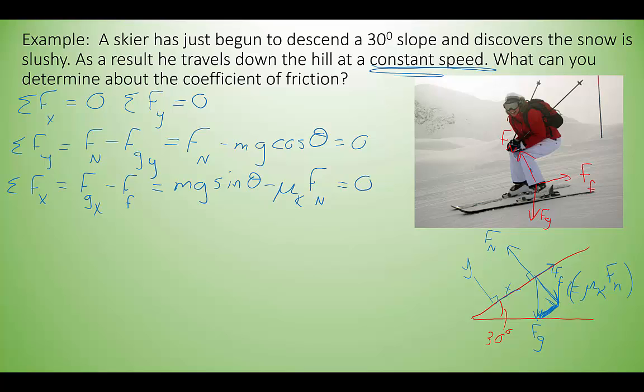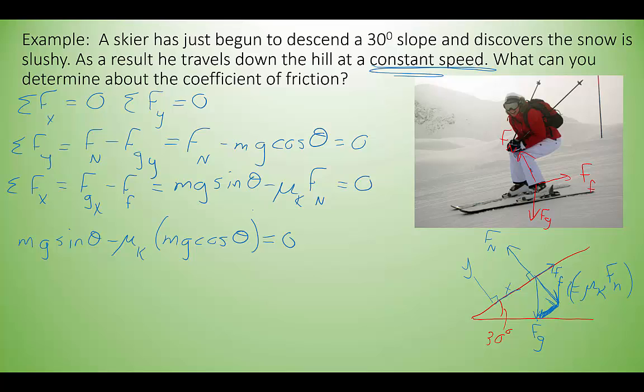So we look at these two equations, we see there's an Fn in both of them, there's m's and g's in both of them, but the Fn in the first equation makes it easier for us to solve this. So if I solve the first equation for Fn equal to mg cosine theta, plug that into the second equation, what I end up with is mg sine theta minus mu sub k times mg cosine theta is equal to 0.